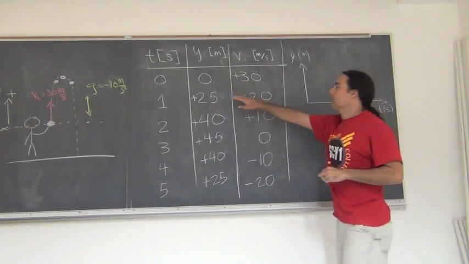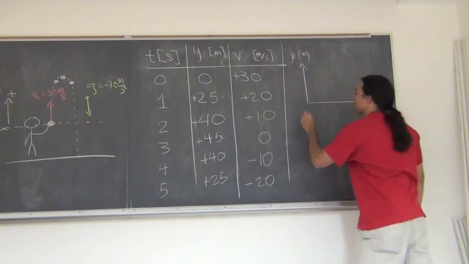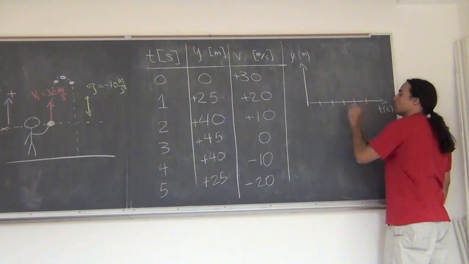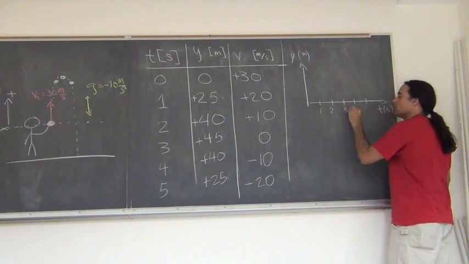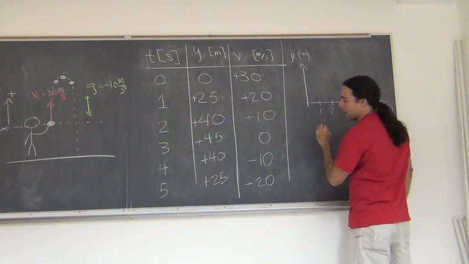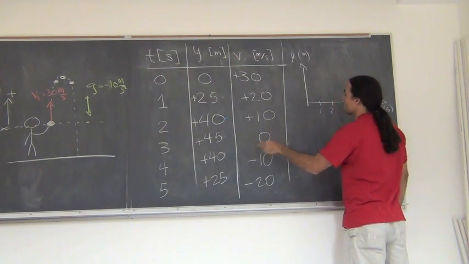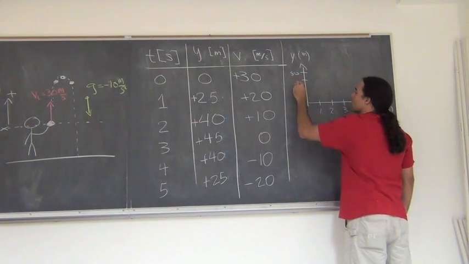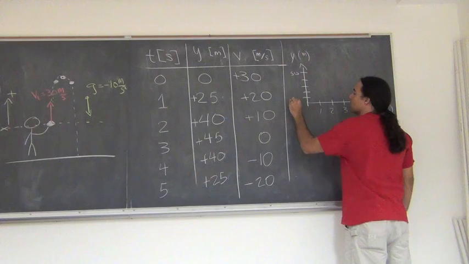I start off with a height of 0 meters at 0 seconds. Let me just get some numbers in here. And so we go up to a height of 45. I'm just going to make this 50, 40, 30, 20, 10.